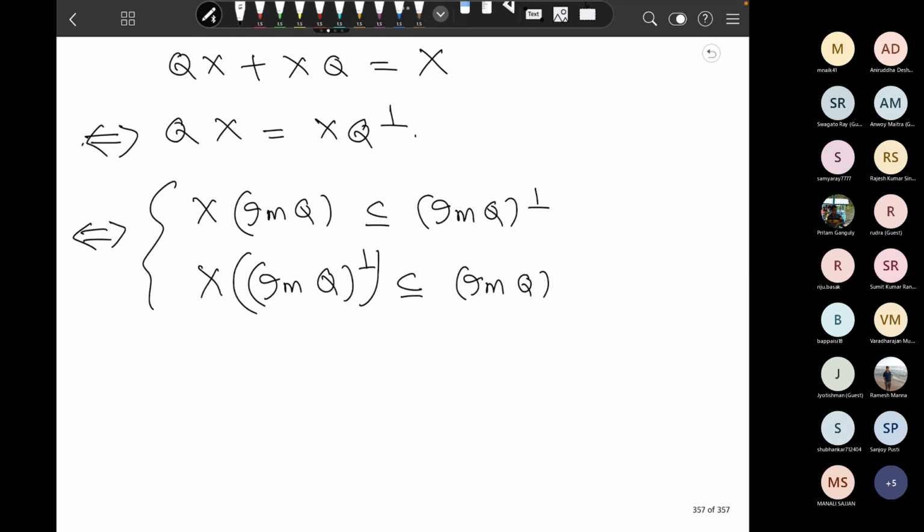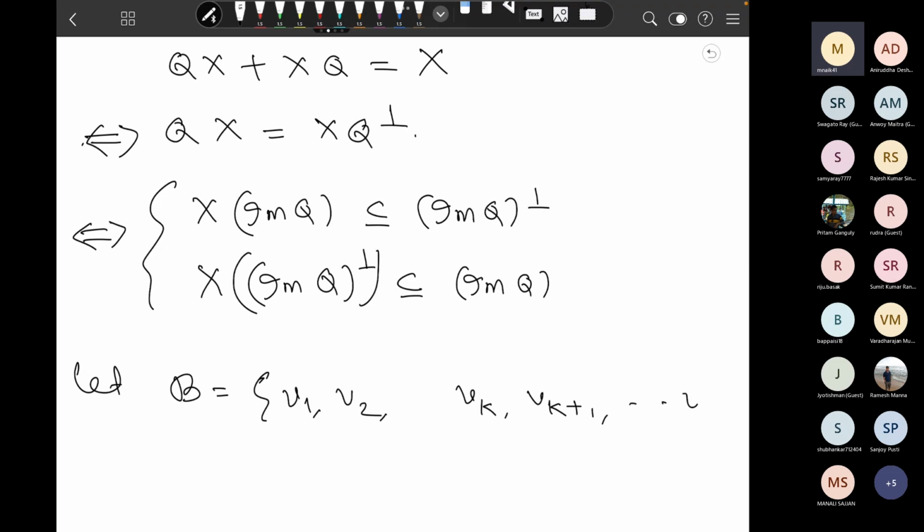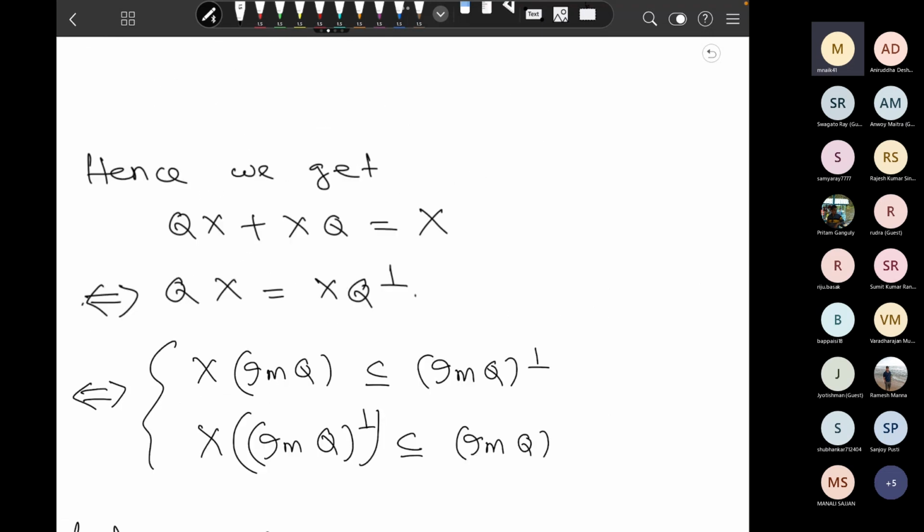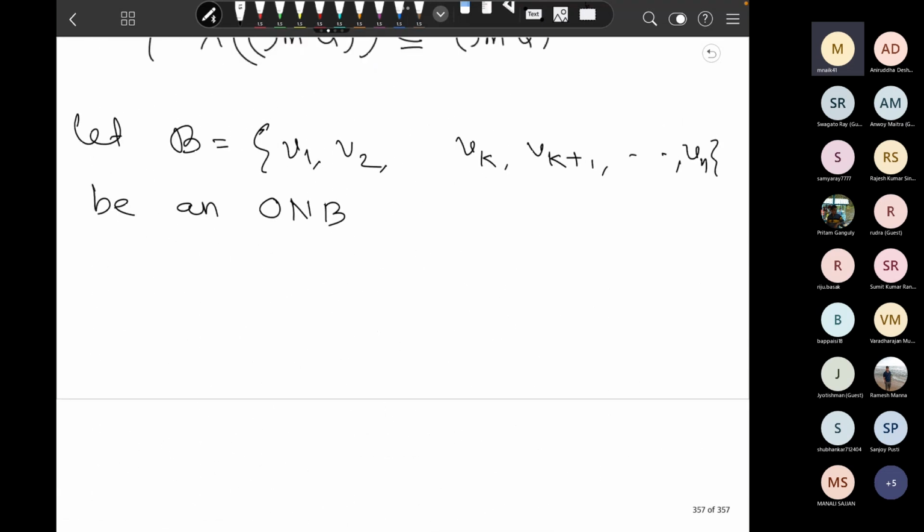So now let B be equal to v1, v2, ..., vk, vk plus 1, and so on, an orthonormal basis of R^n.